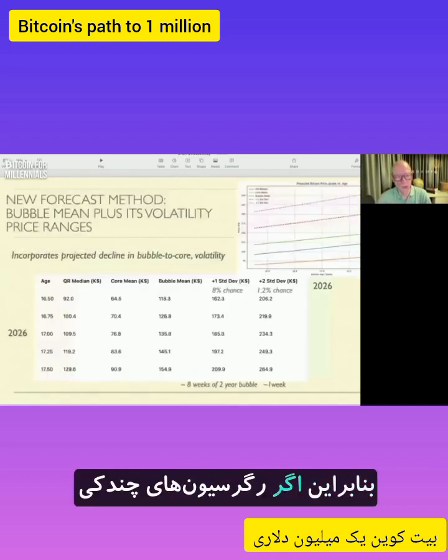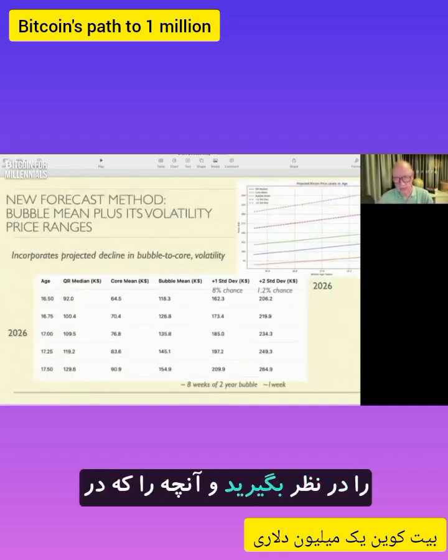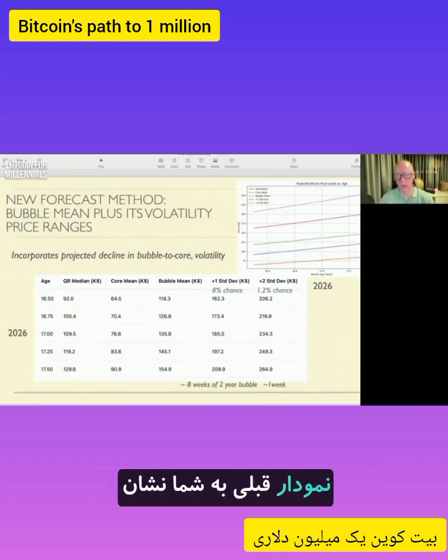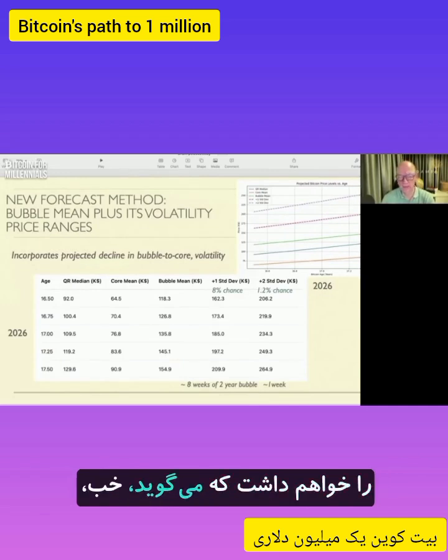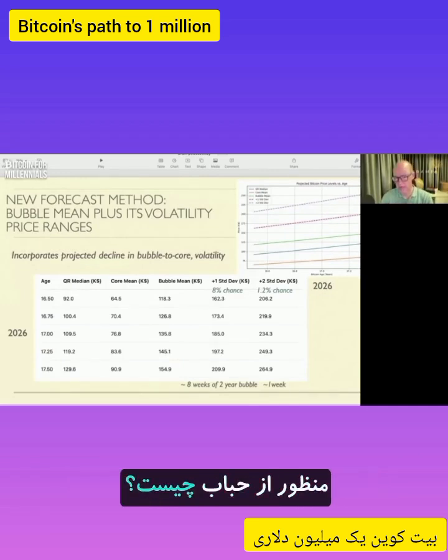So if you take the quantile regressions and what I just showed you on the last chart, I have this new forecast method that asks: what's the bubble mean? Not just what's the Power Law Core mean, but what's the mean for the bubble, and what's the standard deviation size for the bubble?